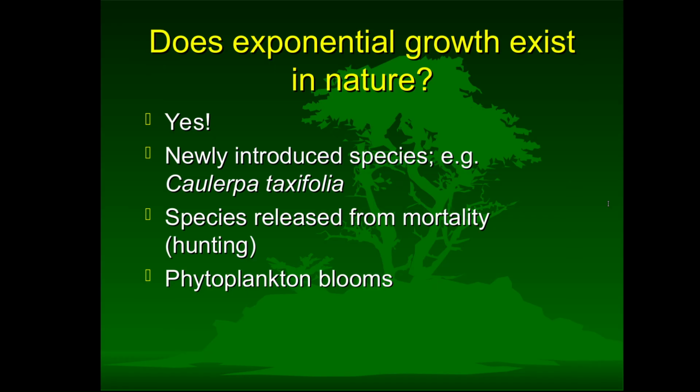Exponential growth also occurs if there's a sudden, very large increase in carrying capacity, as what causes phytoplankton blooms in the springtime. Suddenly, upwelling occurs and there's new resource, and the carrying capacity is much higher, and you can have this explosive phytoplankton bloom.